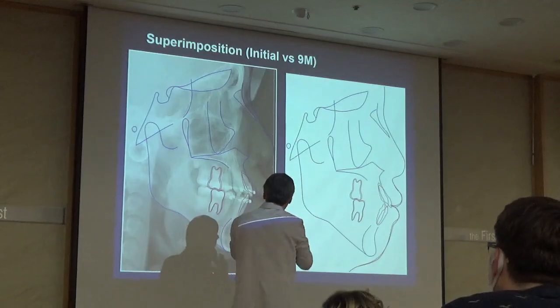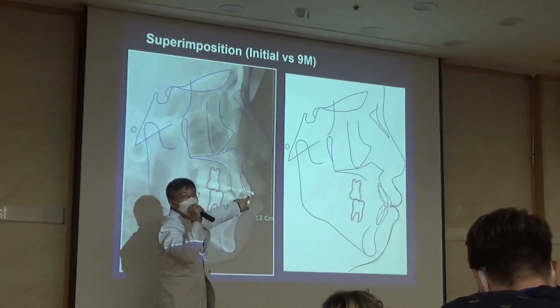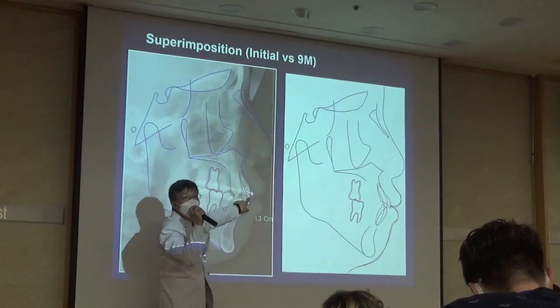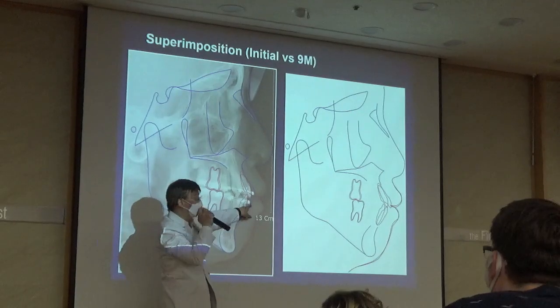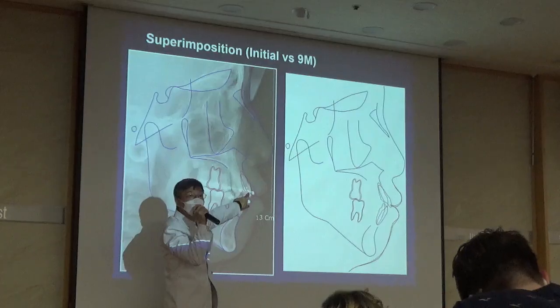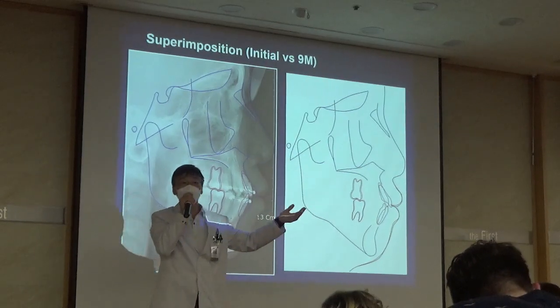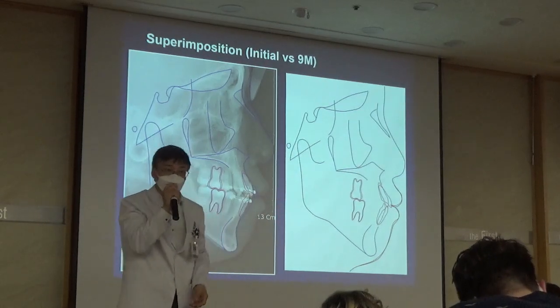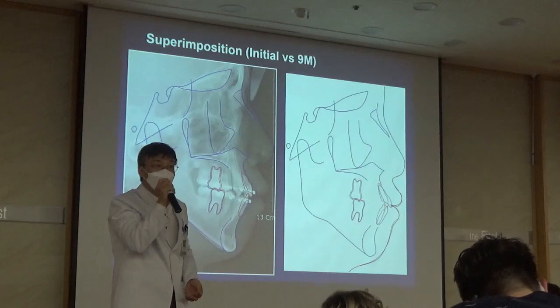Now, we cannot possibly retract the upper incisor because the lower incisor is in the way. Is that correct? We are troubled. So how do you resolve the situation?